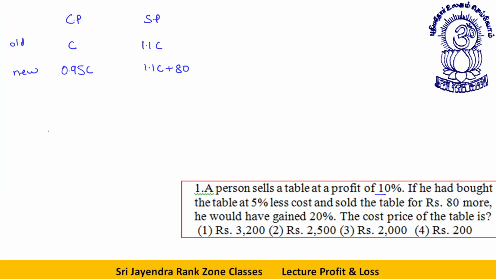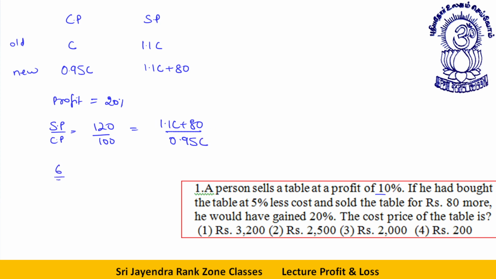Okay. Now, what is the profit? Or I can say profit is 20%. That way I can say SP by CP will be what? 120 by 100. This is nothing but SP by CP. Okay. This is what?